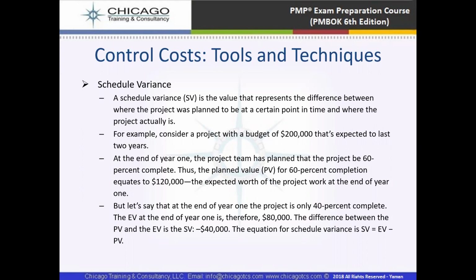What actually happened here? We planned that at the end of year one, our project should be 60% complete, right? But we ended up with 40% complete. So our actual is 40% and the plan is 60. So we are behind the schedule. $80,000 minus $120,000 is negative $40,000. So it is negative. It means we are behind the schedule here.